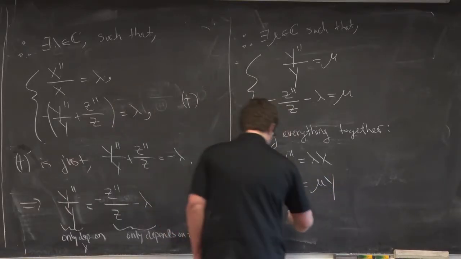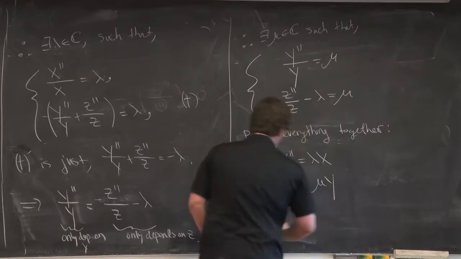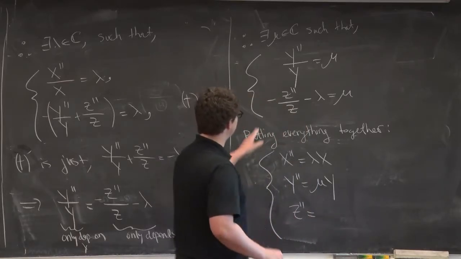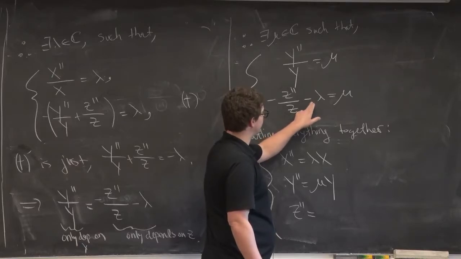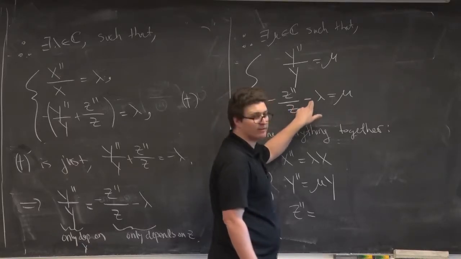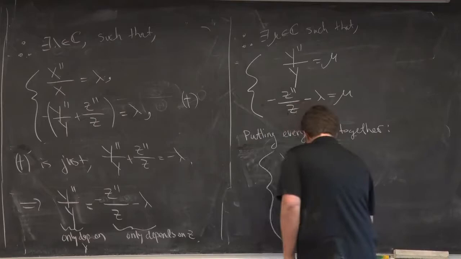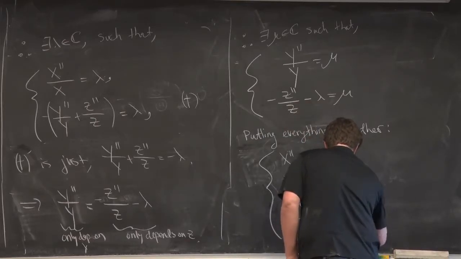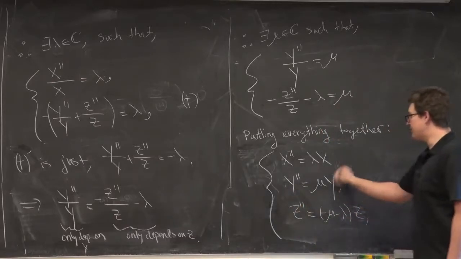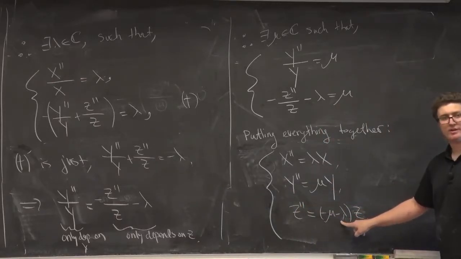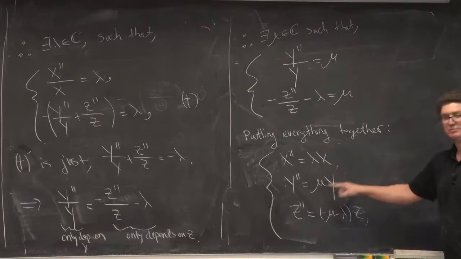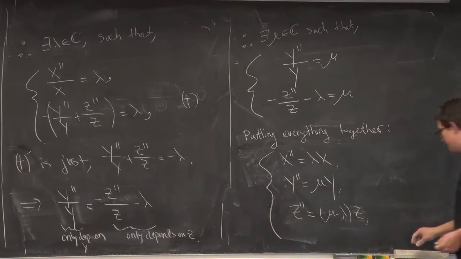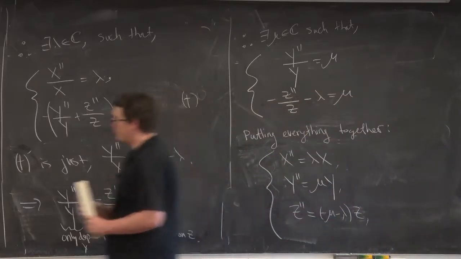And z prime prime. So I guess we can multiply this both sides by negative, and then we have to bring this over so we get negative negative, right? Is equal to minus mu minus lambda z. Sometimes we give this another name. We'll call that nu, and then we say lambda plus mu plus nu is equal to 0. Okay? So we have those equations here.